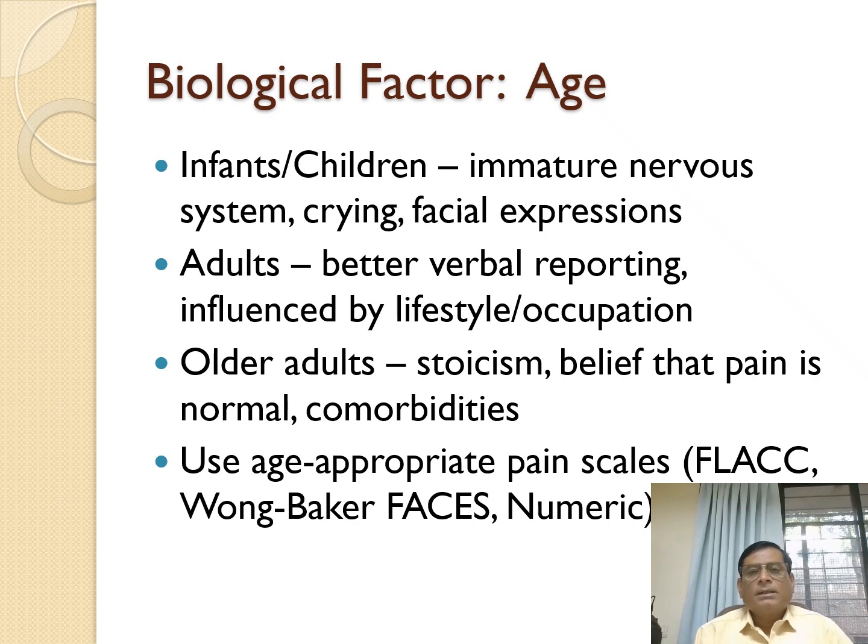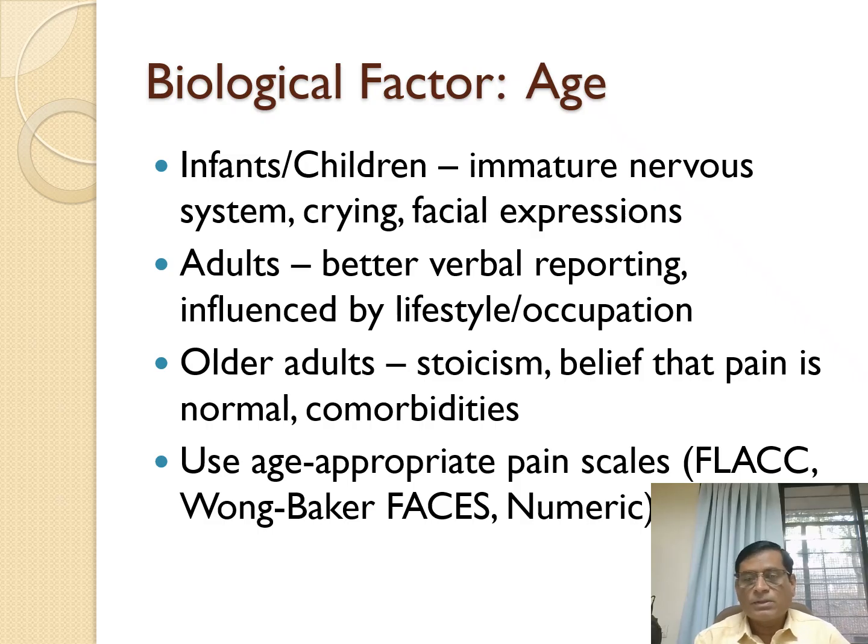Now what are infants and children? They are very immature. The nervous system is not that well developed, so they get scared and cry even if there is a simple pain. Even if you say that you are going to give an injection, especially during vaccination, you must have noticed that children start crying as they enter the hospital or OPD.